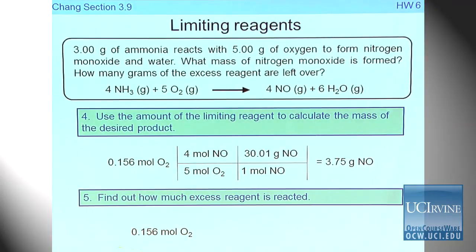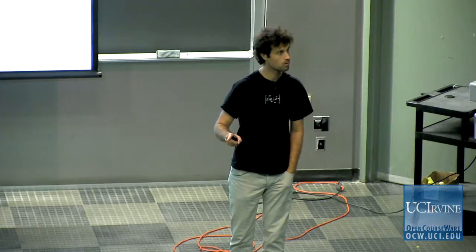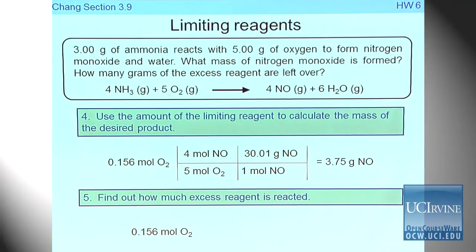So what I have to do then, I again start with the limiting reagent, the amount of it, 0.15 moles, and I have to convert this into the number of moles of the other reagent. How? With the mole ratio. Okay? For each 5 moles of oxygen, I need 4 moles of ammonia to react into 4 moles of nitrogen monoxide.